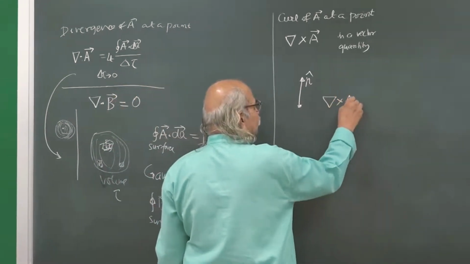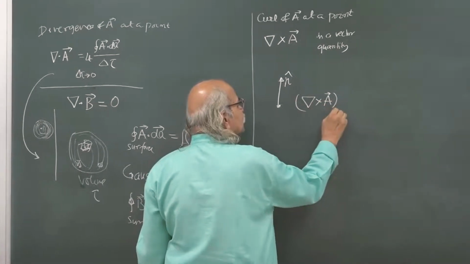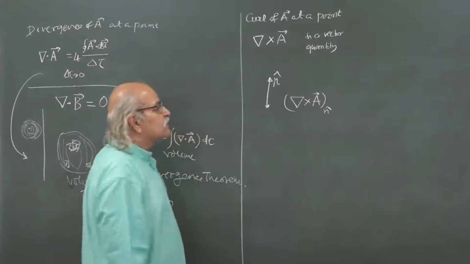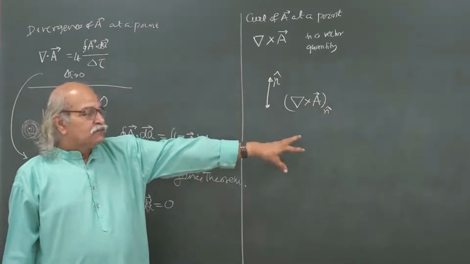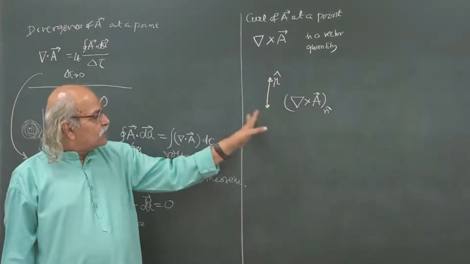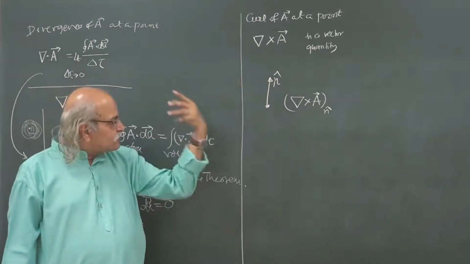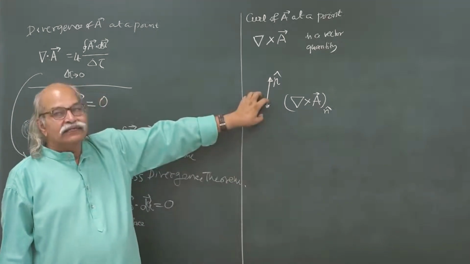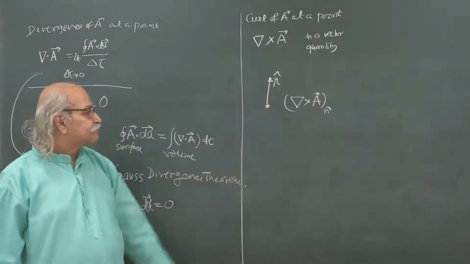This is curl of A, and then the component in the n cap direction. This is what we are going to define. Once we define that, you can get the component in any direction you like, and therefore you get the full vector.